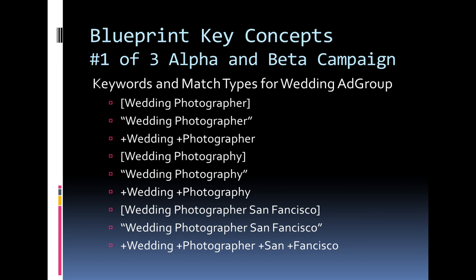For example, wedding photographer: the first one is the exact match type with the square brackets. The second one, with the double quotes, is the phrase match type. And the third one, with the plus symbol in front of each keyword, is the modified broad match. You do this for all of your keywords, like maternity or newborn.